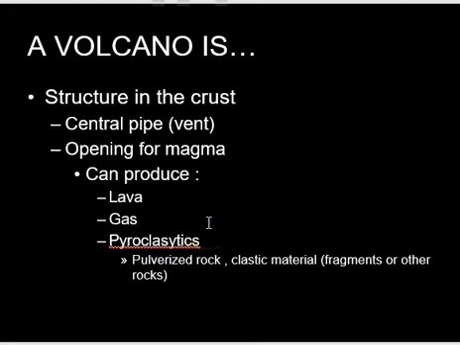It can produce a lava flow. It can release gas. It can release pyroclastics, which are explosive rock material blown up into the air. Ash is a type of pyroclastic. So volcanoes can produce different textures, different consistencies of material out their central vent.